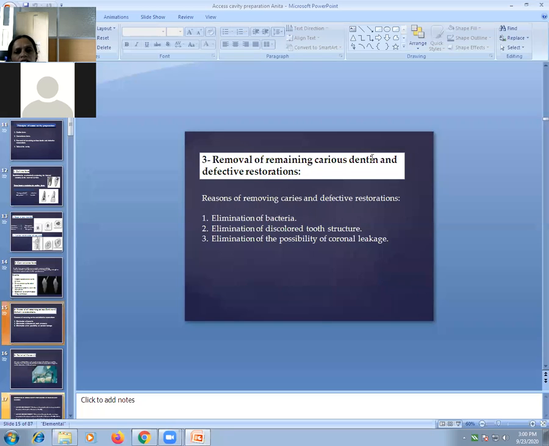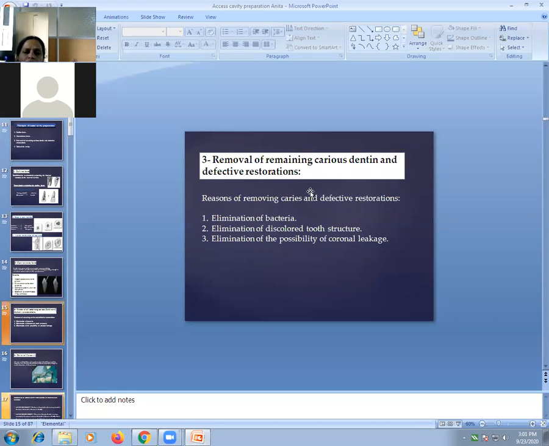With this we are removing the chances of reinfection of the pulp chamber and the root canal. And by removing defective restoration, we are removing the chances of clogging of restorative material inside the canal orifices.